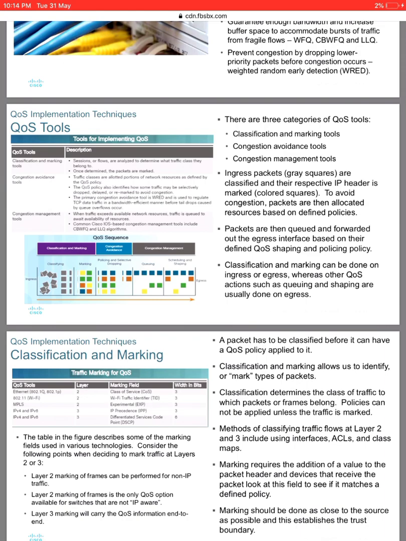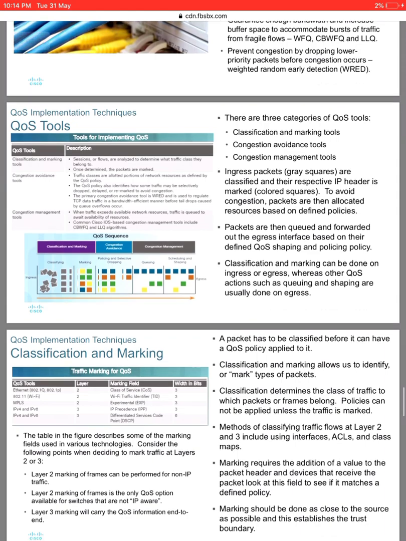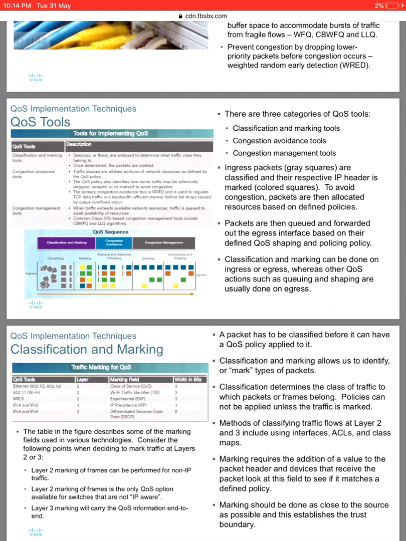There are several QoS tools on the market. The most popular are listed below to help IT teams gain a more comprehensive view over network traffic in real time. So there are three categories of QoS tools, and I will explain these three categories later.